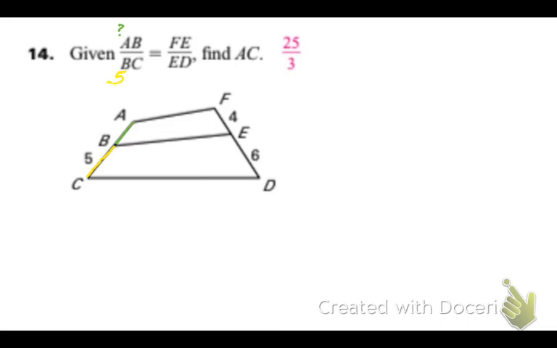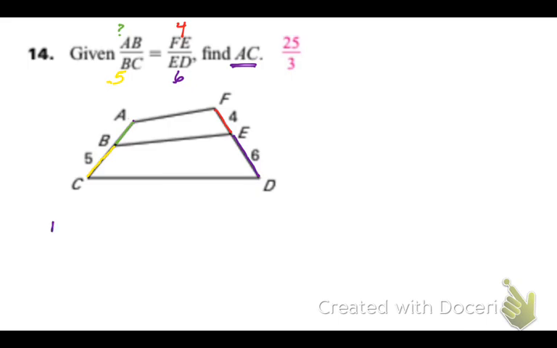Okay, is equal to FE, which is 4, over ED, which is 6. So now they're asking us to find AC. AC is this whole length here. But the problem is we can't know AC unless we know AB. So we have to use our cross multiplication to find AB, and then we can find AC.